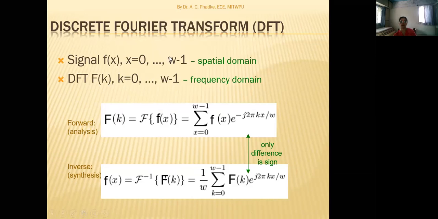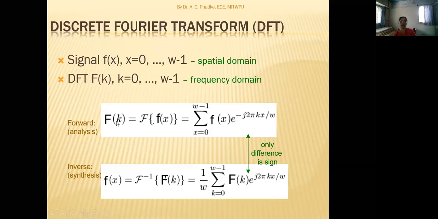Okay, so here the notation w is used to represent the total number of samples, x is your time domain axis, and k is the notation used to represent the frequency axis. So k is the index for the frequency coefficient, x is the index for your time domain samples.